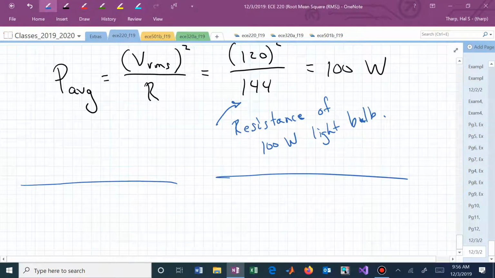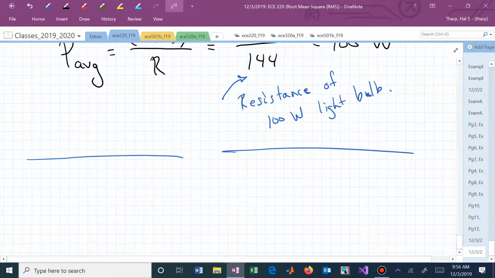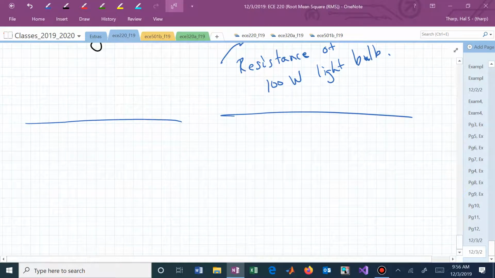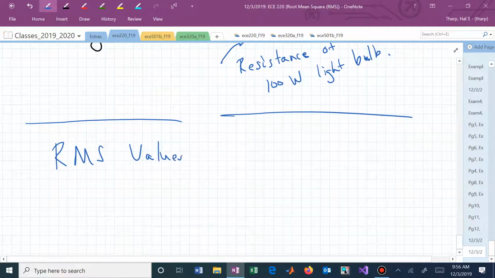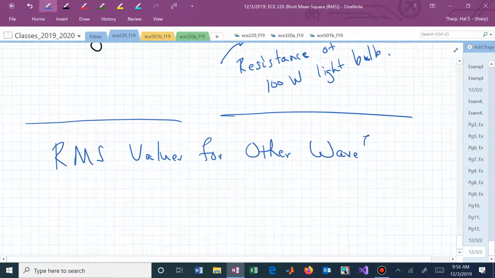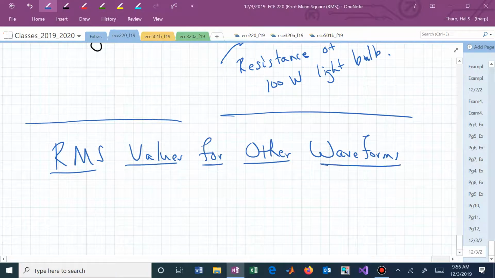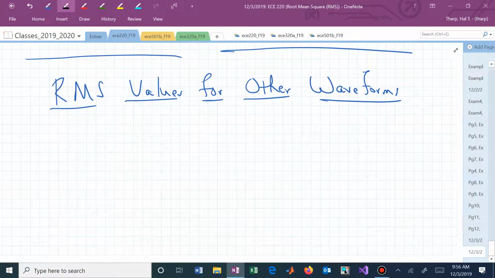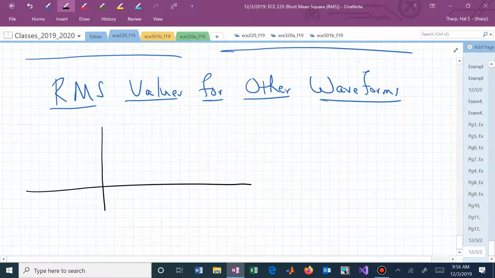Let's look at RMS values for other waveforms. Are they all going to be what we just calculated? And on your homework, the next one, I think, you have one of these problems. Suppose this is now x of t.